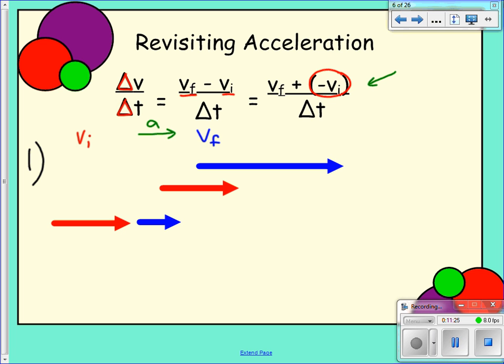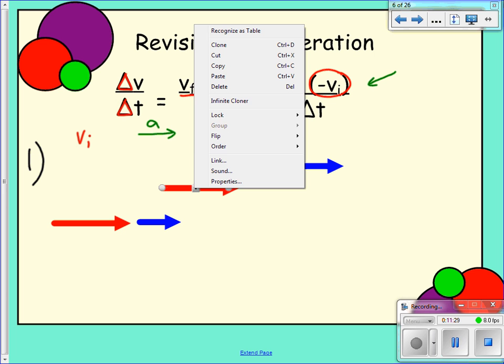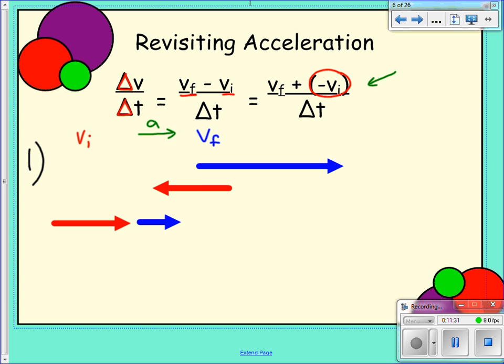So since there's a negative v initial, I'm going to take my initial velocity and flip it so it has the opposite direction. Now when you add vectors, you add them tip to tail. So I'm going to add the vectors as the tip of that arrow matches up with the tail of this arrow. That's how you add vectors. You do tip to tail.